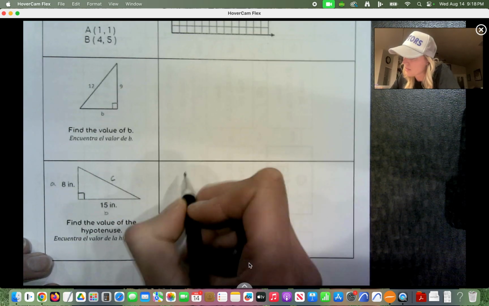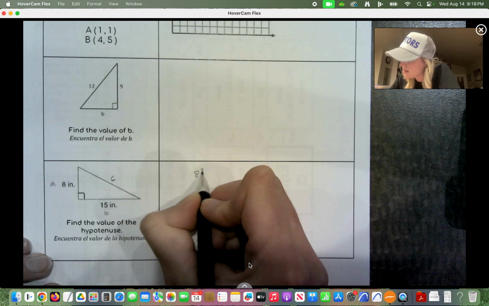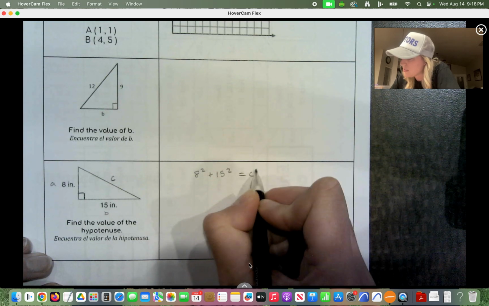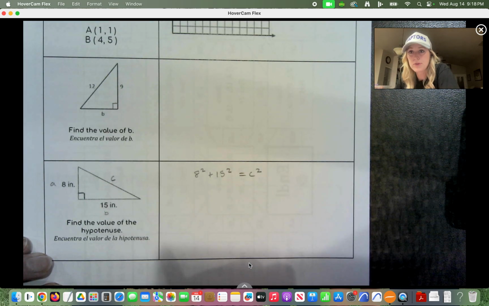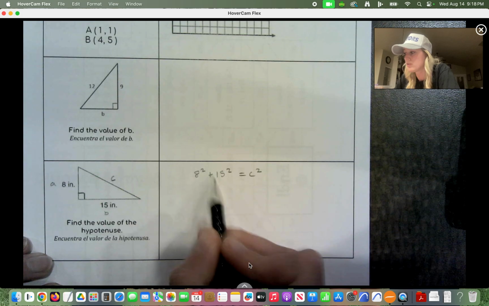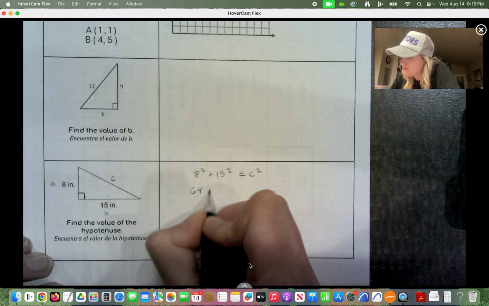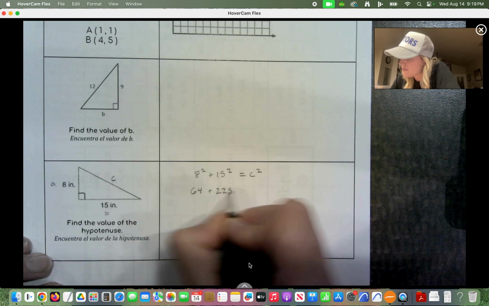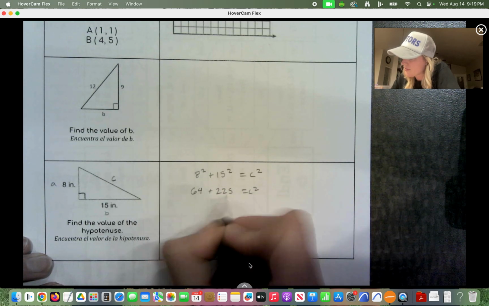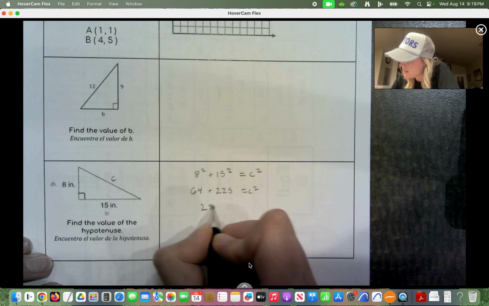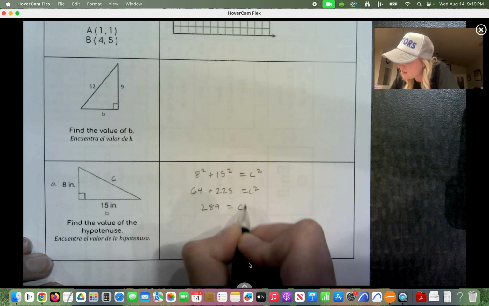So we're going to set up the Pythagorean theorem that 8 squared plus 15 squared, those are my A and B, has to equal C squared. Okay, so now I'm going to go ahead and follow order of operations. I'm going to do the exponents before I add. 8 squared is 64. 15 squared is 225. Add those together, we get what? 289 equals C squared.